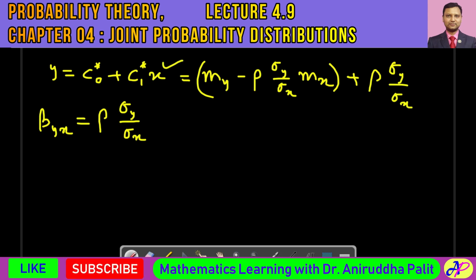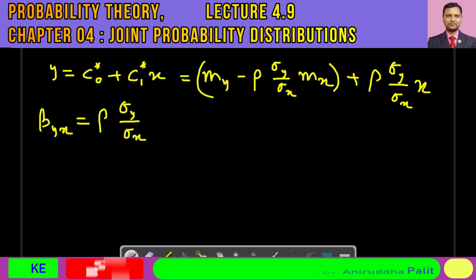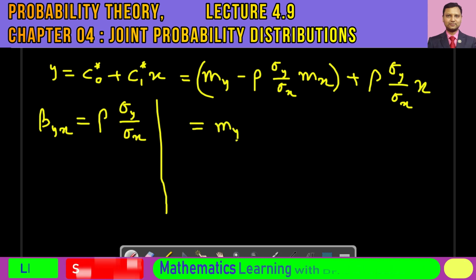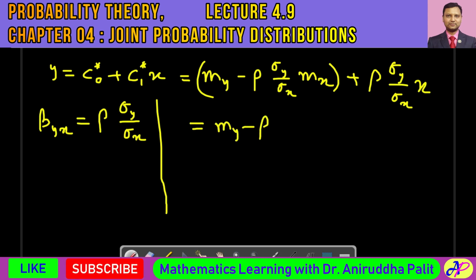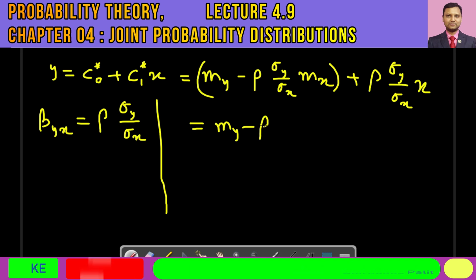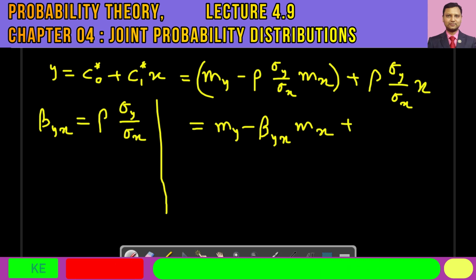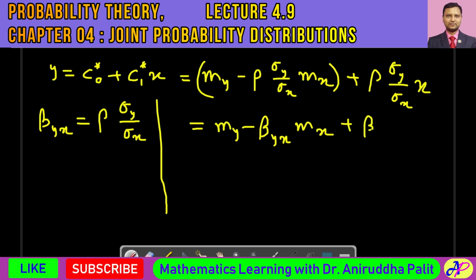So this rho into sigma y by sigma x can be written as beta y on x multiplied by mx plus, again, beta y on x multiplied by x.